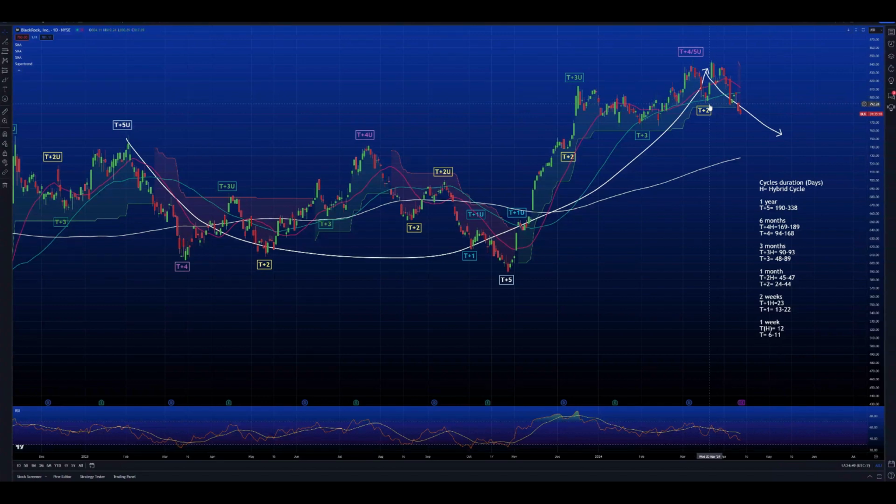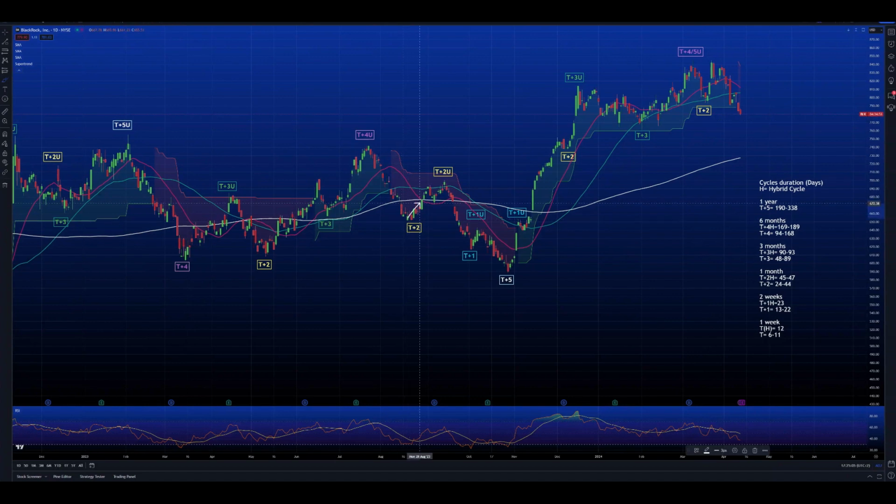Also because here the T plus 2 is not over yet. And in order to give you a better idea of what I mean is the following. So here we have had a negative downward T plus 2. Negative because the low in which it ended up was lower compared to the low it started.